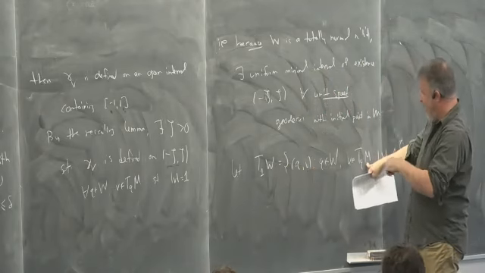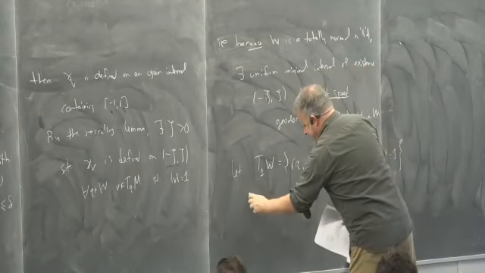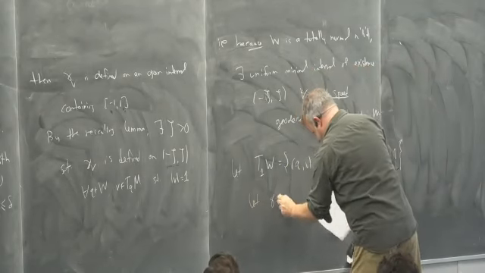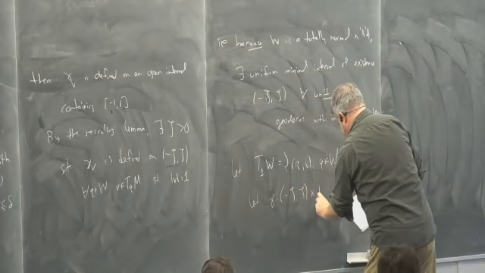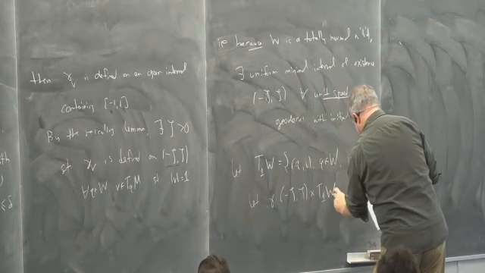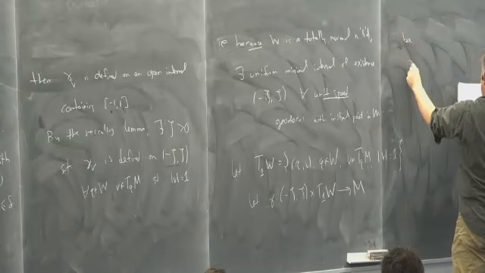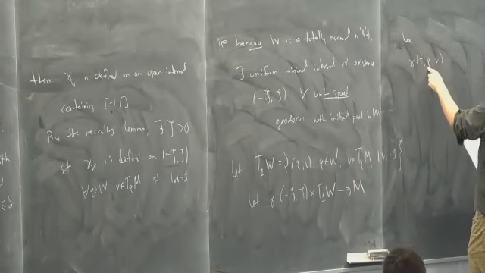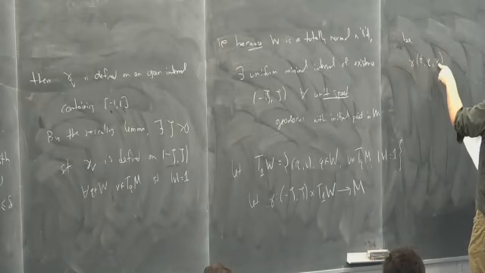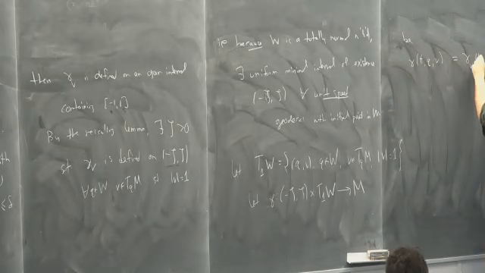You take the unit sphere inside TQM for all the Q's in W. And let's let gamma be defined on (minus zeta, zeta) times T1W to M. I need a time, a point, and a velocity: an initial point in W, and an initial velocity which has length 1. And I send that to gamma(V, T).